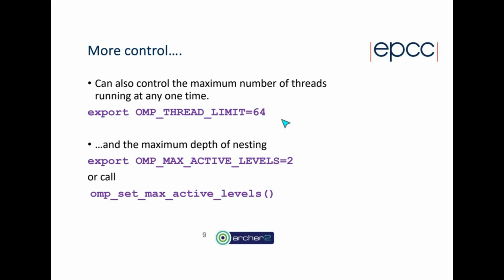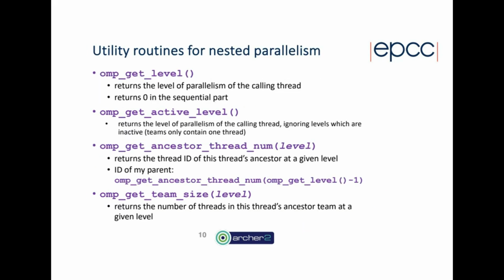You can use that to prevent oversubscription of your hardware. You can also control the maximum depth of nesting that's used, and there are also a bunch of routines that let you navigate around the tree of parallel regions that you've created.